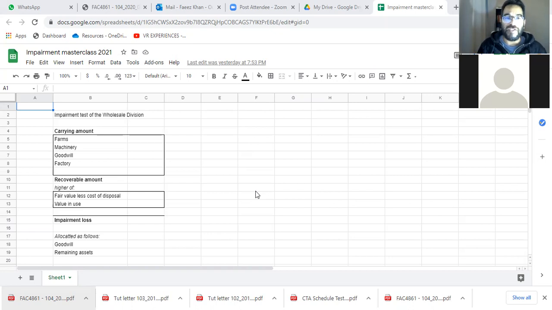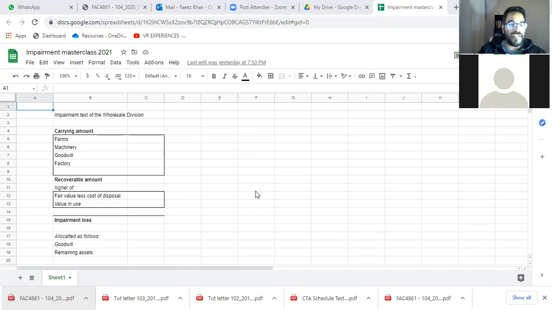When you have a corporate asset, you must ask yourself the question, can the corporate asset be allocated to the CGUs on a reasonable and consistent basis? If it can, then you must include it in the CGU. If it can't, there's a whole different treatment. Over here, it can be allocated to the CGUs on a consistent and reasonable basis. Therefore, we're including the factory as part of the carrying amount of the CGU. Very important to take note of that.